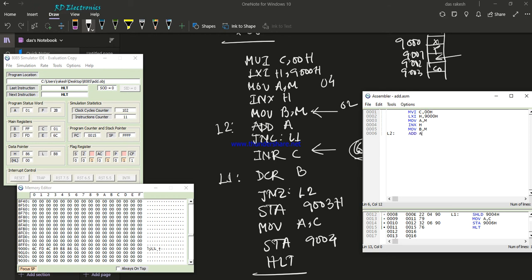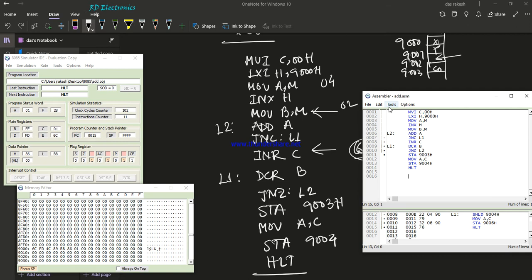Now add A, JNC L1, increment C, then L1 is located here, this is DCR B, and then JNZ L2, then STA 9003, and then MOV A, C, then STA 9004, and after that the halt operation is performed.